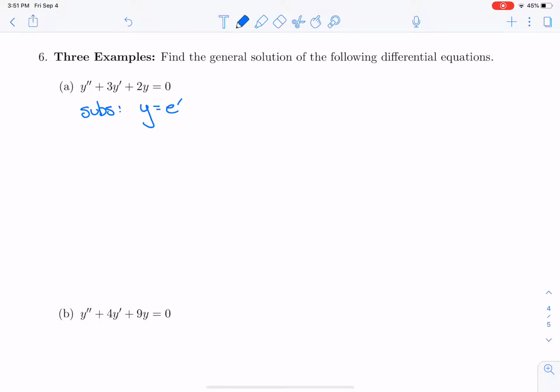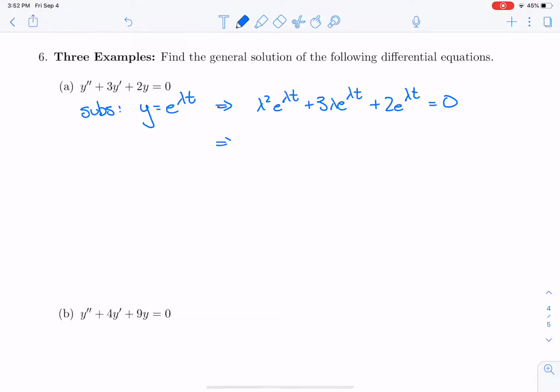I'm going to do this one time so that we get used to the idea of the process. Okay, so if I substitute e to the lambda t, the second derivative is lambda squared e to the lambda t plus 3 lambda e to the lambda t plus 2 e to the lambda t equals 0.